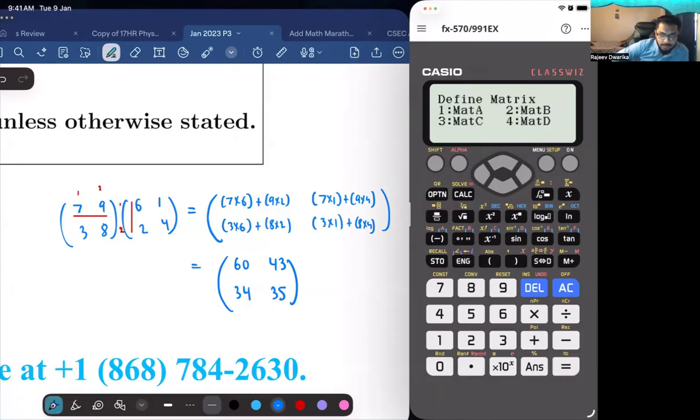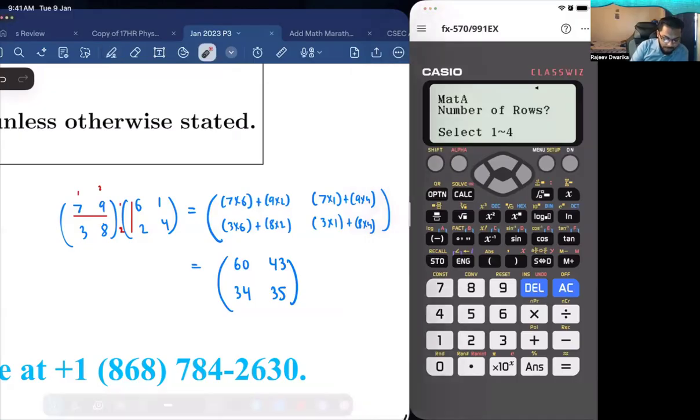Yes, sir. Again, the same exact thing you have. Press 1 to define matrix A. Your calculator can store 4 matrices, and we're going to use 2 at any given point in time. So I press 1 for matrix A. For this matrix, how many rows and columns do you have? 2 by 2.